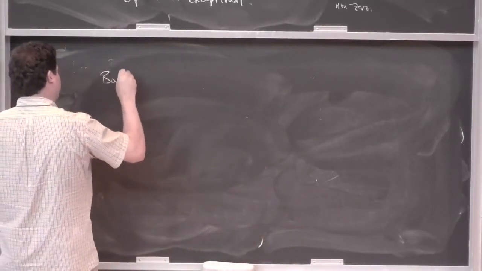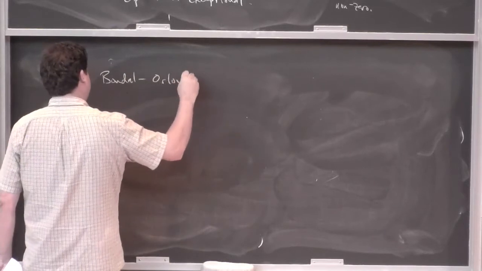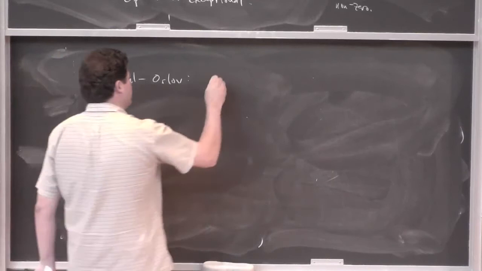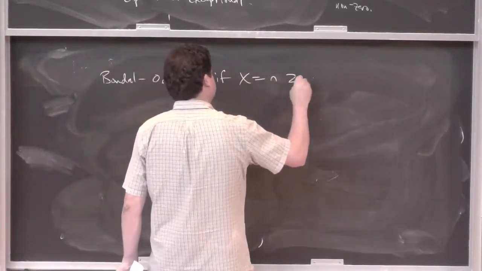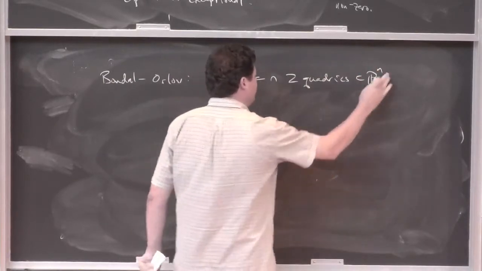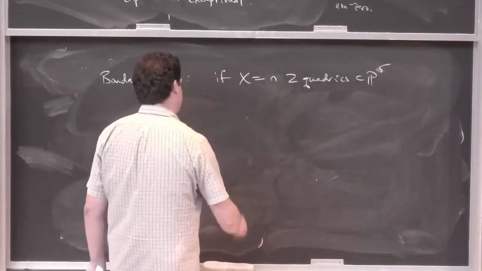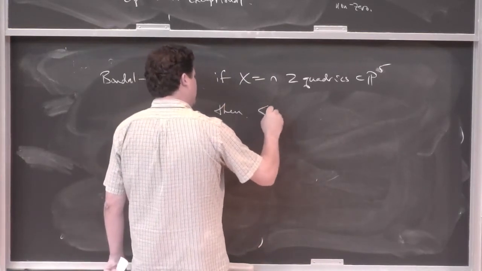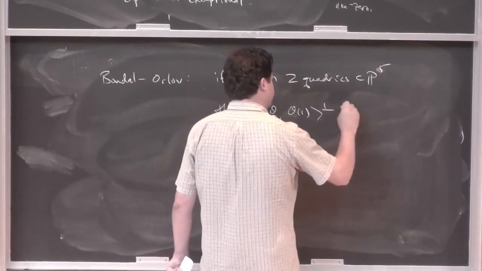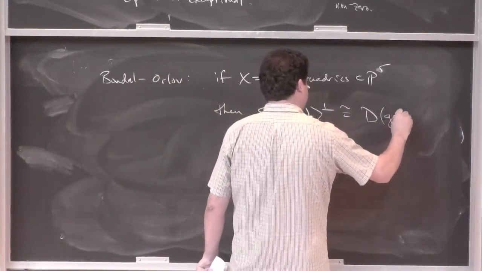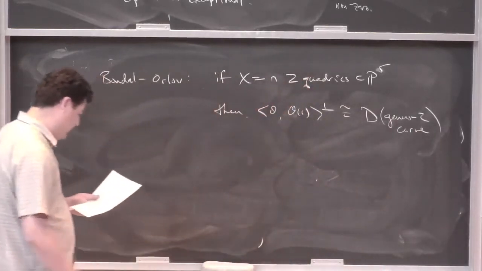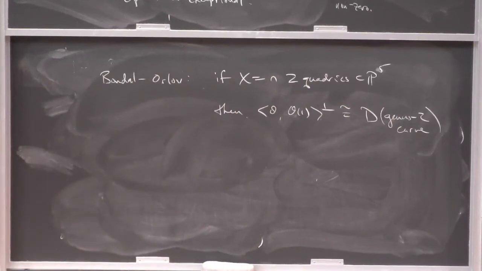For example, you have this Bondal and Orlov thing that we'll see how much we can say about. If X is the intersection of two quadrics in P^5, so X is a threefold, then the orthogonal of O and O(1) is the derived category of a genus 2 curve. Depending on how we get on, we might have time to talk about that.